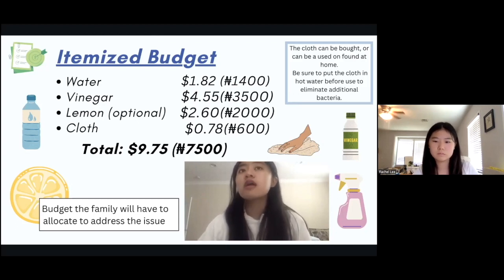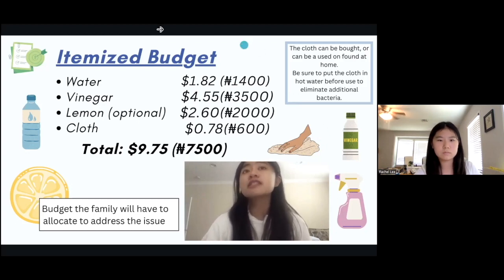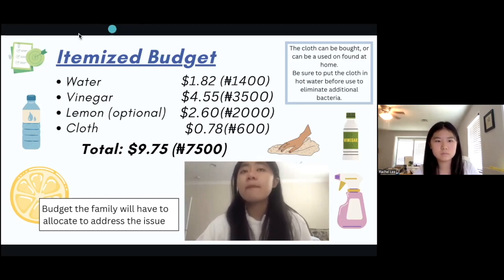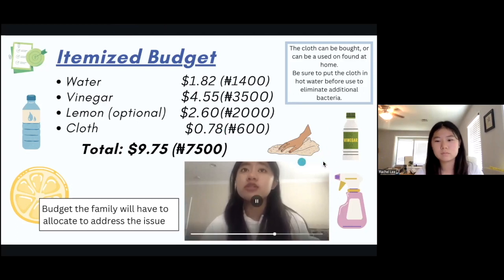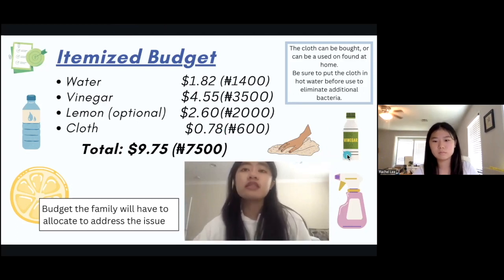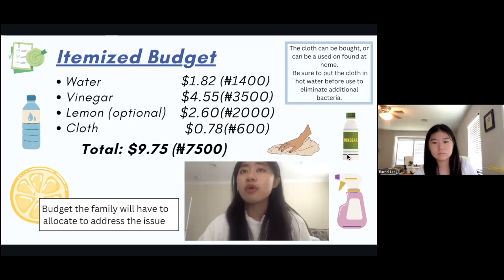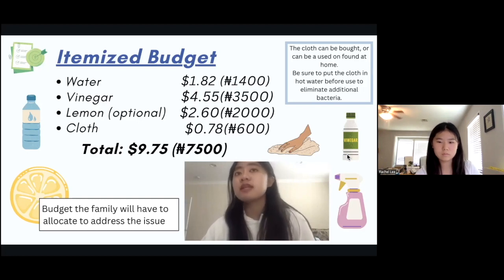Our team did research regarding Nigerian worker salaries, as the minimum wage is about $38.99 USD per month, which estimates to around 1.3 USD per day. The total of the materials together to create the disinfectant is about $9.75.